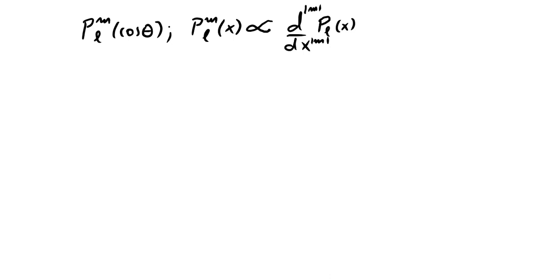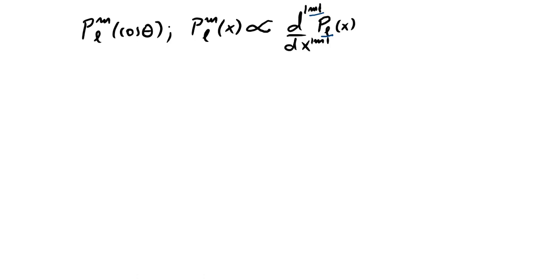So there is now a constraint, because you cannot take a derivative to an order m that is larger than the order of the polynomial itself. If you take the derivative to an m that is larger than L, it is going to give you 0.